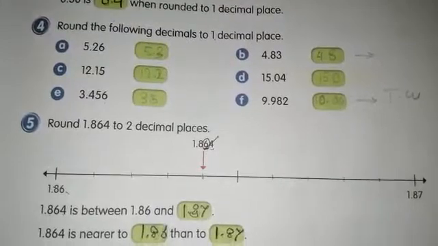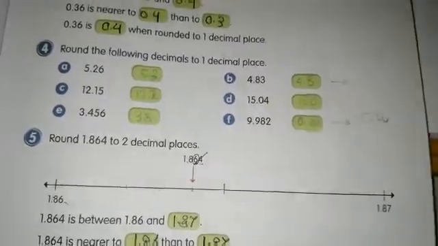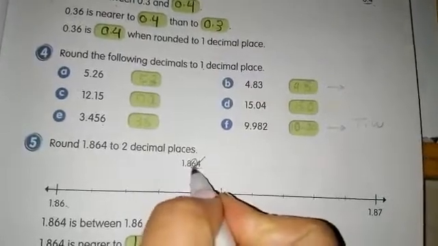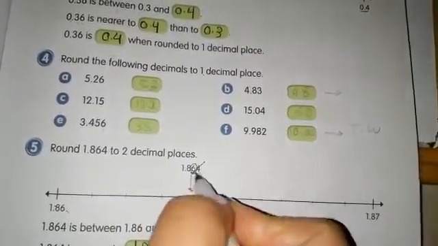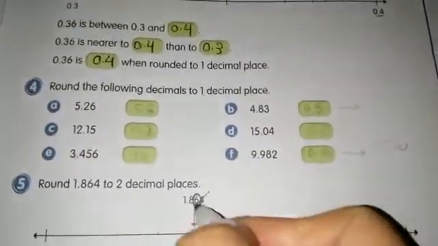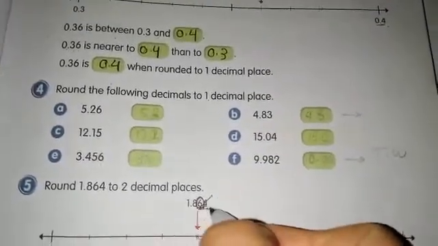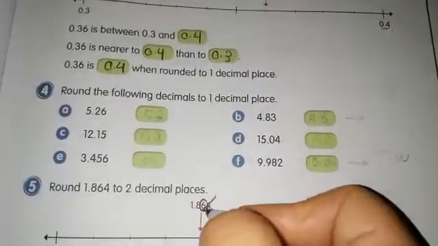Okay, 1.864 is what when rounded to two decimal places? Let's see, two decimal places mean that this is the decimal place which I want. So I'm going to circle it and see how to round. Circle it. Look next door. What's next door? 4. So it's 4 or less. Just ignore. So I'm going to ignore this.